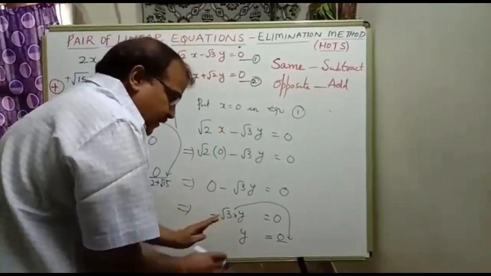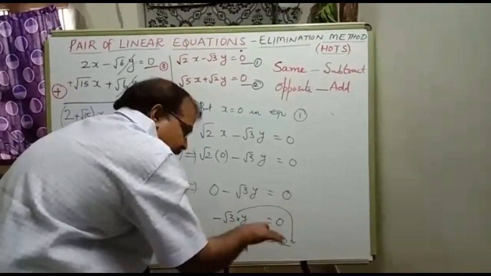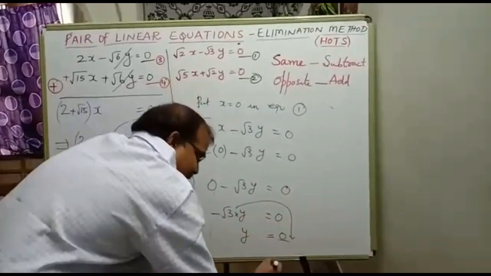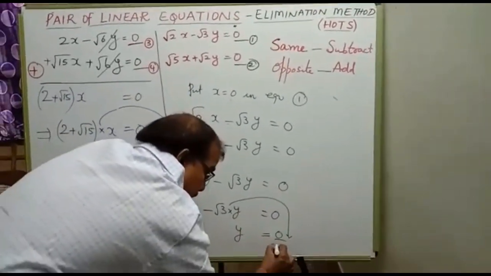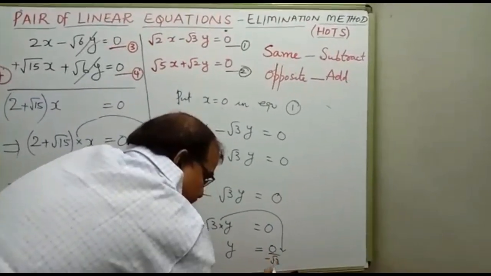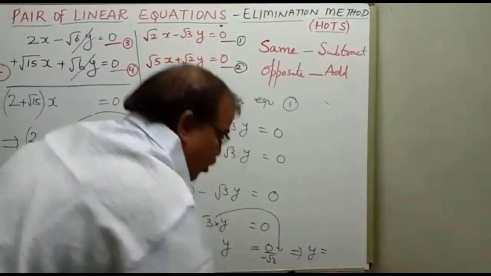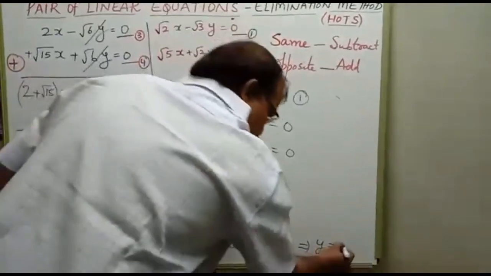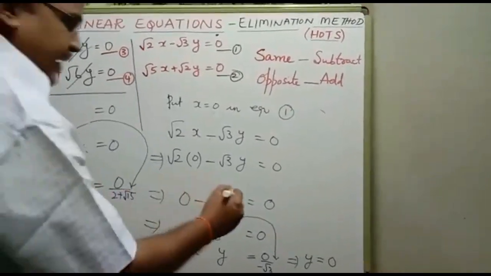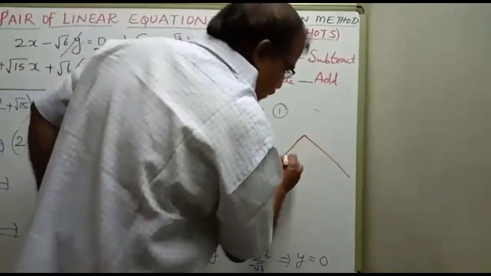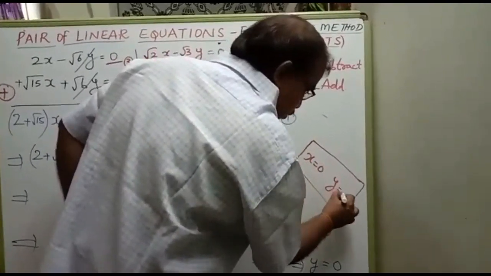So 0 by minus root 3, that implies y is equal to 0, since 0 divided by anything is 0. That's why y is equal to 0. Finally, I got x is equal to 0 and y is equal to 0.